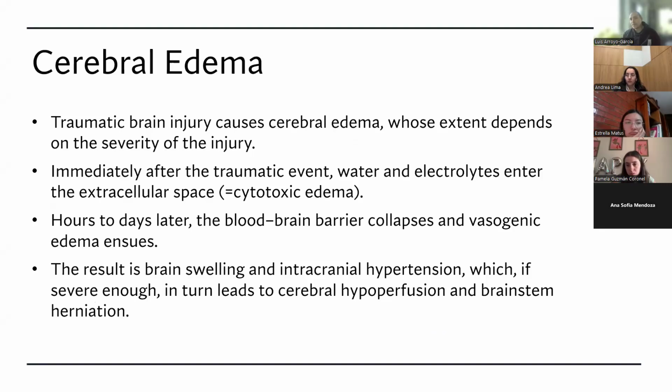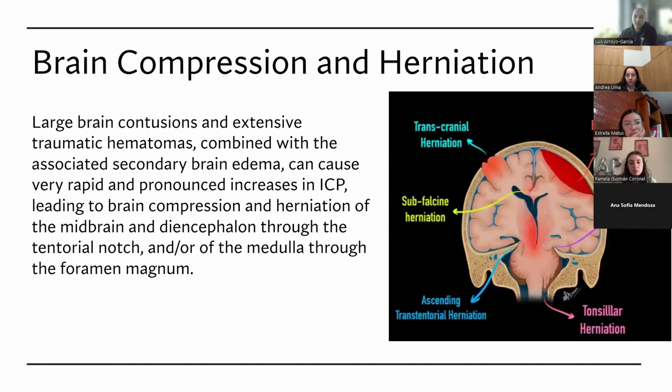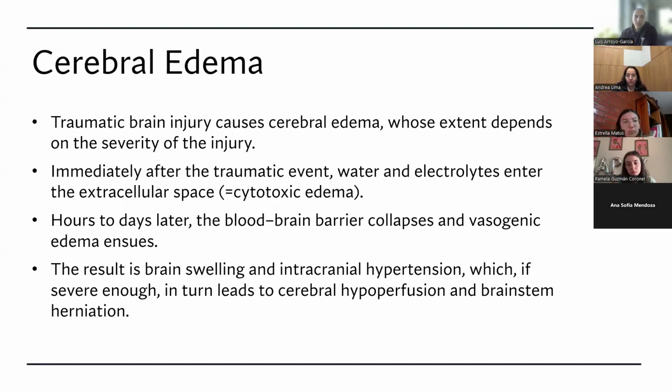And here we have a way to understand the different types of cerebral edemas, and that will lead to brain compression and herniation. Depending on the cerebral edema that we're talking about will depend the severity of the injury.